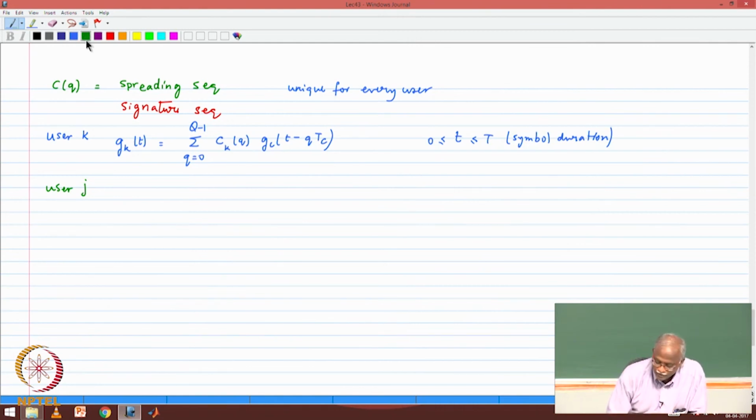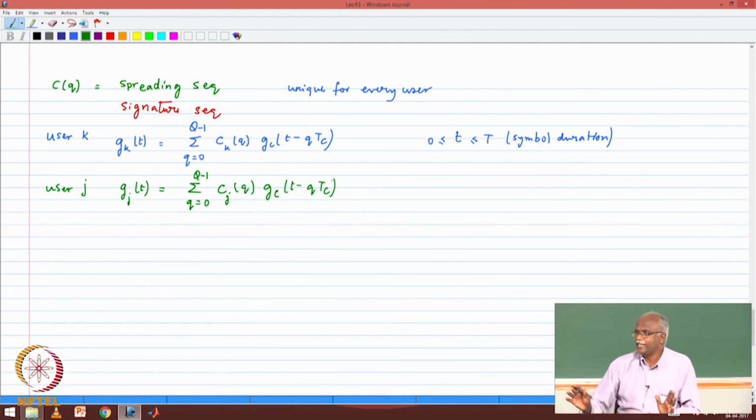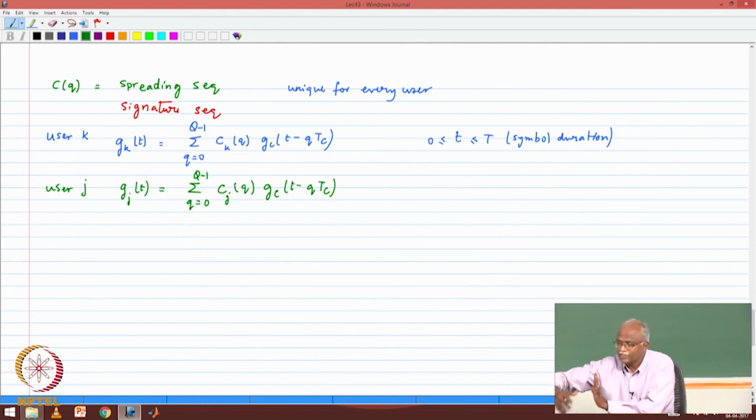We use G subscript J of t to denote the symbol waveform of user J. We want it to be different, unique. So sum over q equal to 0 to Q minus 1, c_J[q] Gc(t minus q Tc). Notice the Gc is the same. So regardless of which spreading sequence you are given, the match filter will remain the same. The processing after the match filter is what will change.